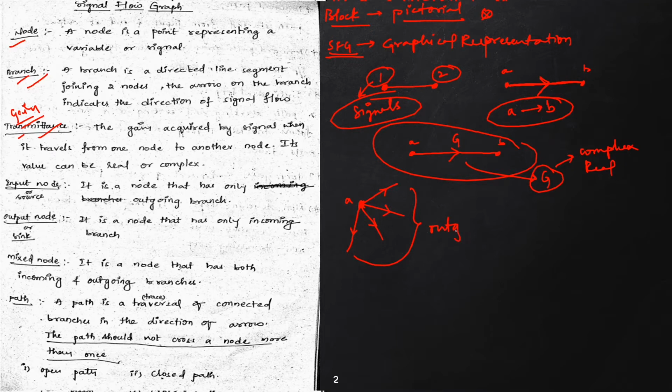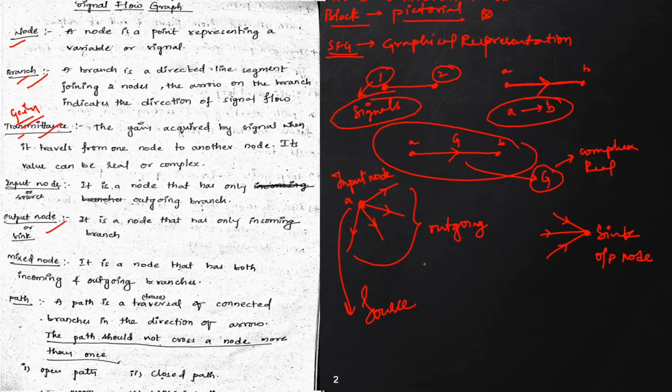As these are all outgoing branches, we call it an input node, or sometimes we call the same a source as well. Next we have the output node. It is quite opposite to the input node. This particular node has all incoming branches. So this is called a sink or output node. It depends upon the terminology we are using.